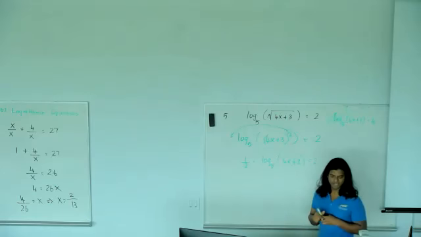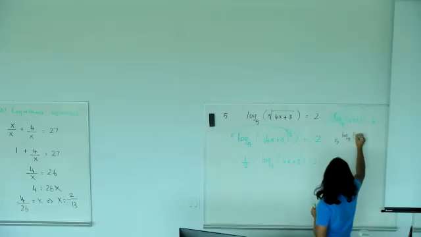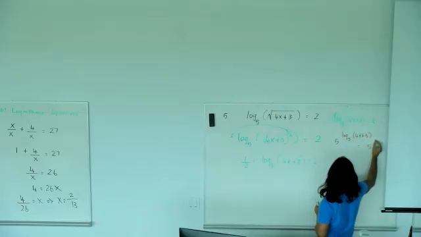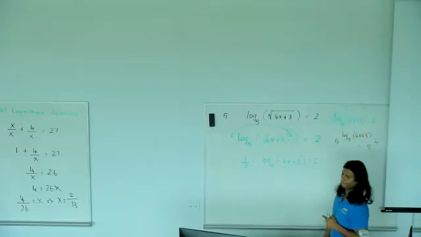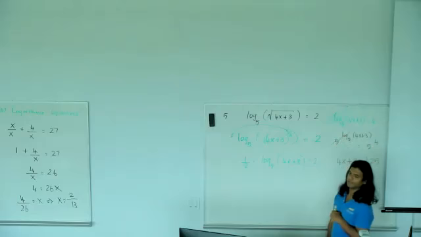Now I have the logarithm by itself on the left-hand side and a number. Base 5 exponentiation on both sides would result in 5 raised to log base 5 of 4x plus 3 equals 5 raised to 4. What happens to 5 and log base 5? They cancel quickly. So 4x plus 3 would be equal to 625.